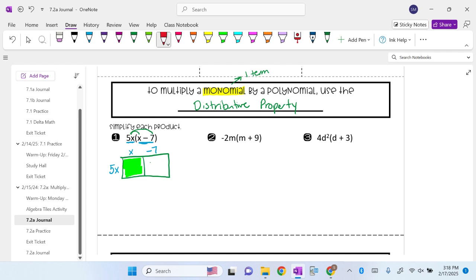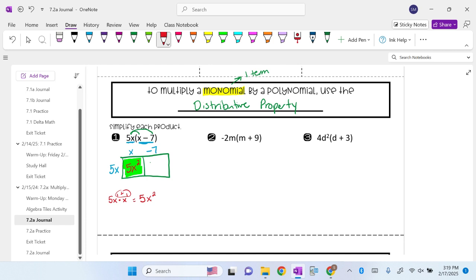So for this one, we would do 5x times x, which recall your exponent rules. You're adding your exponents. So you'd have 5 times x plus x times x, that's 1 plus 1, which is 2, so x squared. So this would be 5x squared.